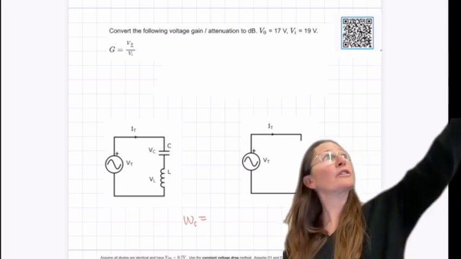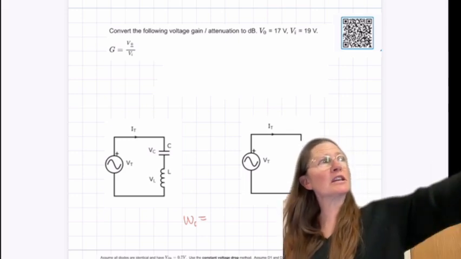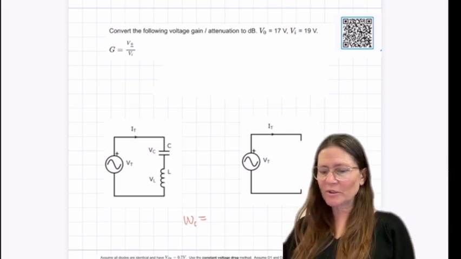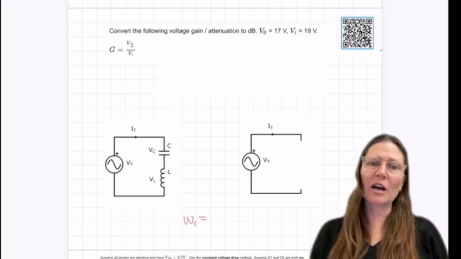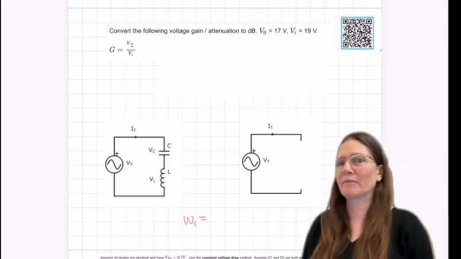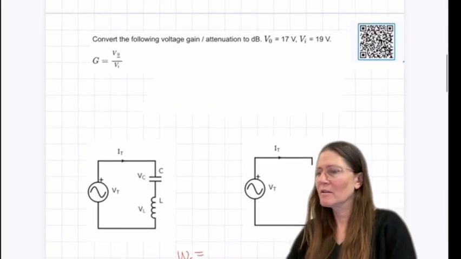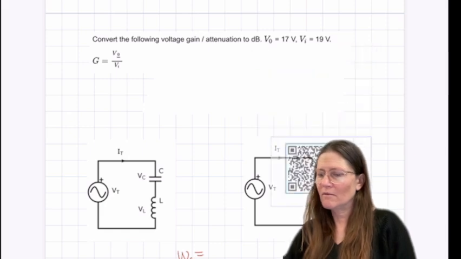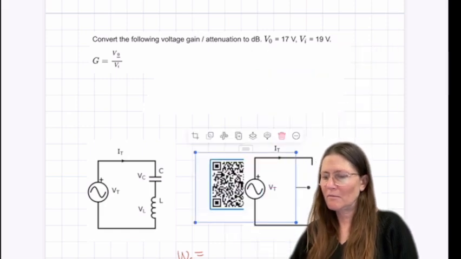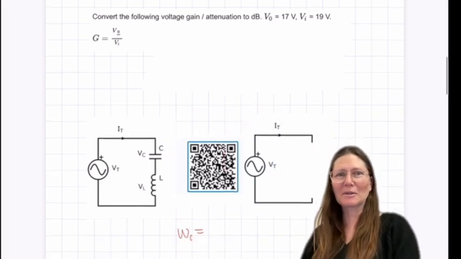This one's conversion to dB, and this one is a resonance frequency. So the LC resonance, calculating what that resonance is.